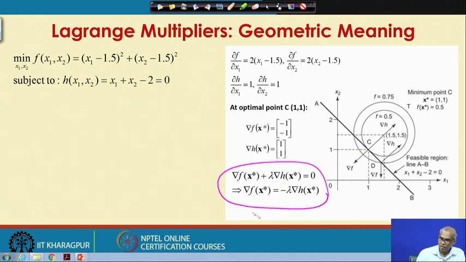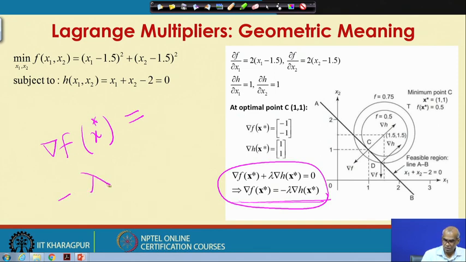So, from here you can also write that the gradient of f at the minimum point or optimal point is minus lambda times the gradient of the constraint.